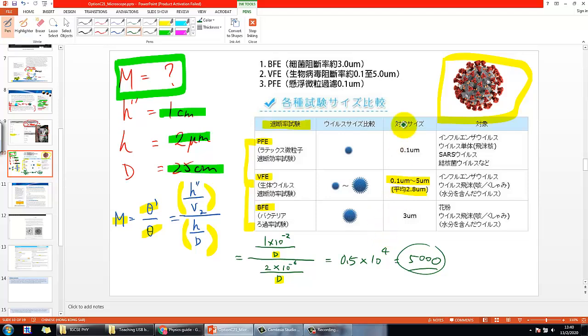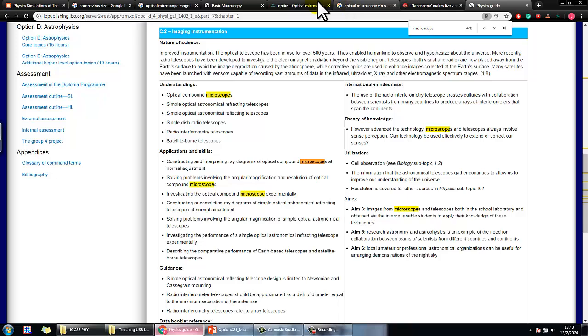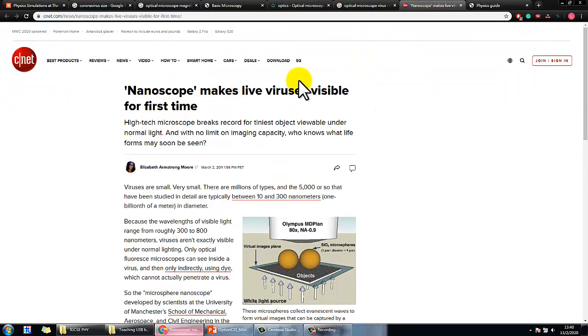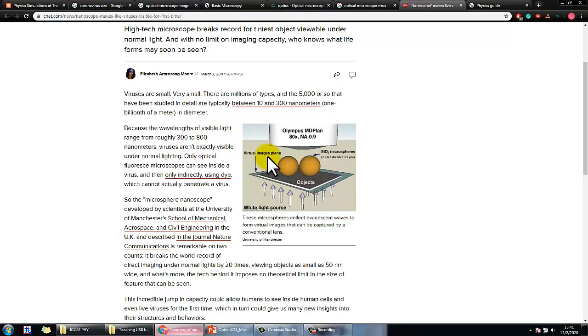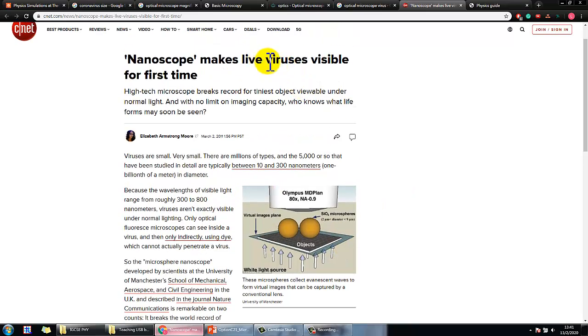And in fact, with an optical microscope, if you try to Google it, you'll find out. If you're interested, I will put the link in the description. Here it was hard to see, as you can see. Of course, this is from 2011. It was hard to see, but using some other technique enables us to see the virus with an optical microscope.